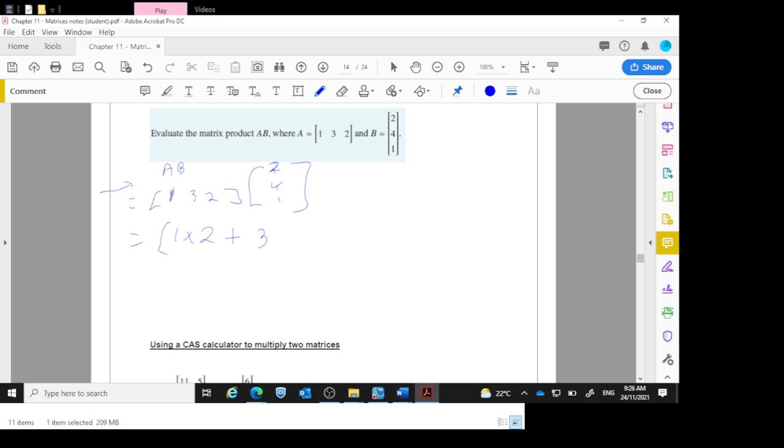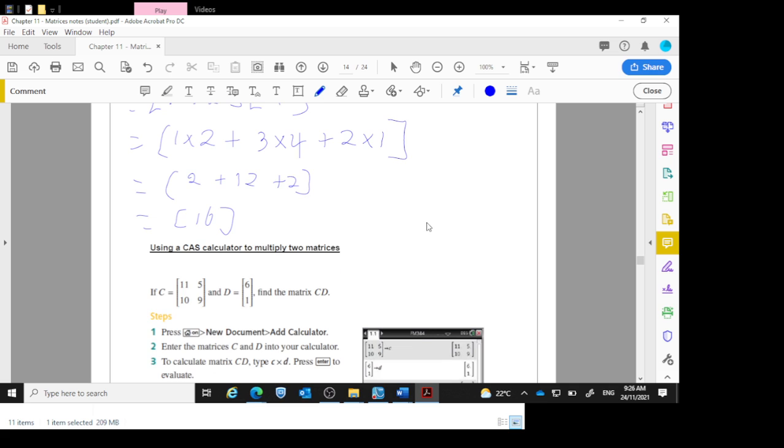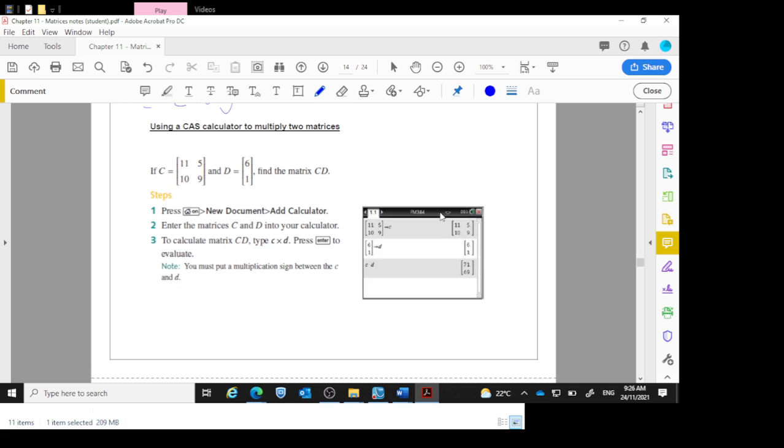So it would be the second number times the second number, 3 times 4, plus the third number times the third number. And there's nothing else, so I stop there. So then I've just got to add this up. This is 2 plus 12 plus 2. And your calculator will do all this. 12, 14, 16. It's not hard to do by hand either. Sometimes quicker. Of course, if we've got more, we need to keep going.